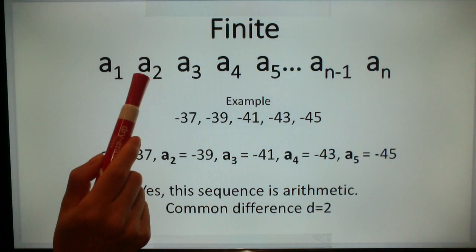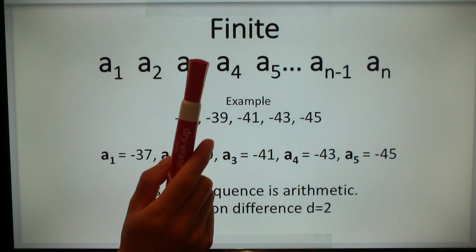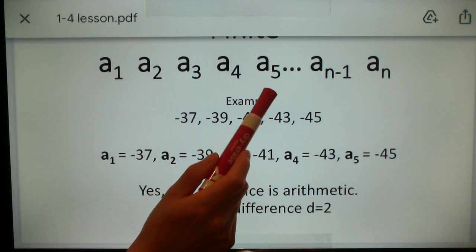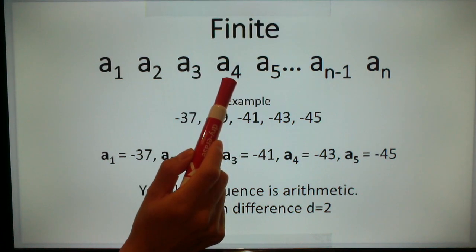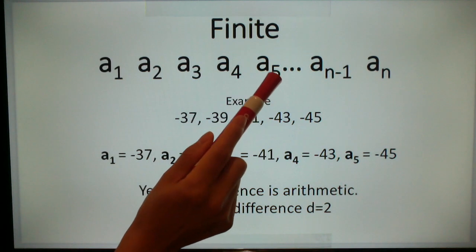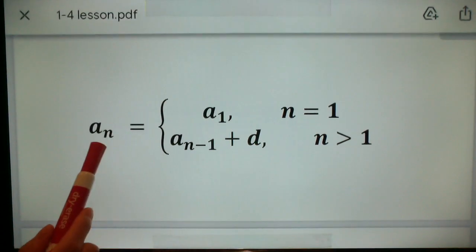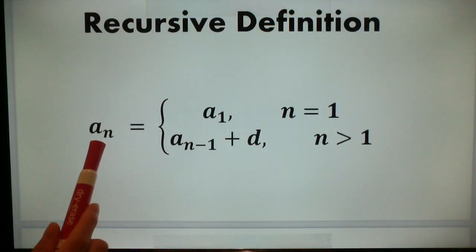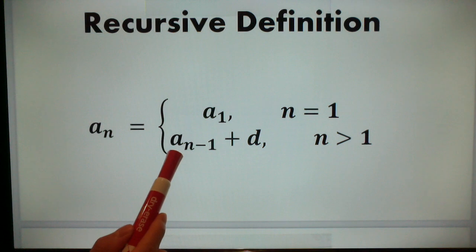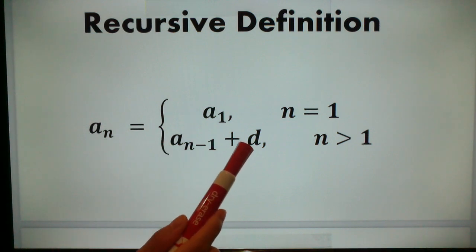Then you will know A2. For example, if you want to know A5 from A4, you add the common difference 2. Then it will be A5. So that's what it means. If you want to know AN, you need to know the previous one, AN minus 1, plus the common difference.